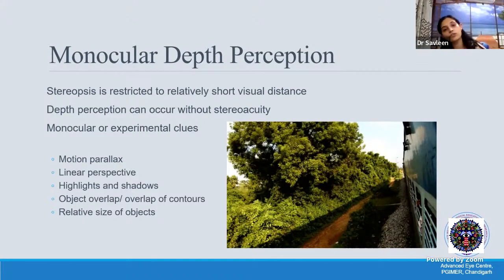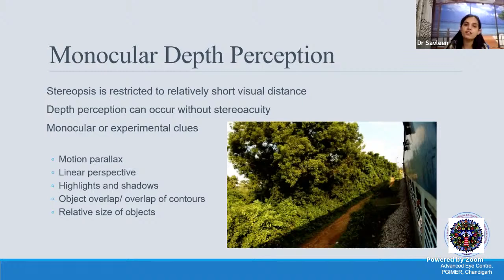We are talking about binocular vision and fusion, and I just wanted to finish by telling you that there are certain monocular cues also. A one-eyed patient does not necessarily lack depth perception. There are a lot of cues, and sometimes we get confused about what they mean. In simple terms, if you're sitting in a train looking at the trees outside, even with one eye, you know that the larger tree is nearer and the smaller one is farther away.